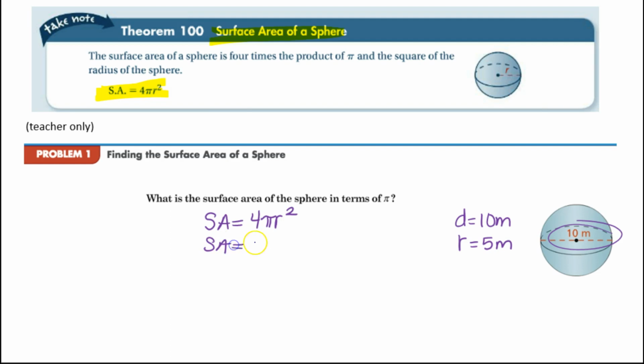Surface area equals 4 times pi times 5 squared. 5 squared is 25 times 4 is 100, so surface area equals 100 pi. I look back at my directions and it tells me to leave my answer in terms of pi, so I just need to add on square meters. Some of the questions today are going to ask for pi and some are going to ask for us to calculate them out. It just depends on what we have going there.